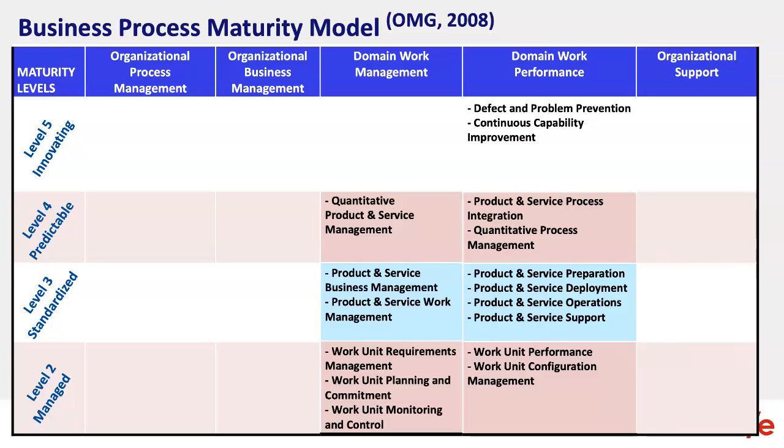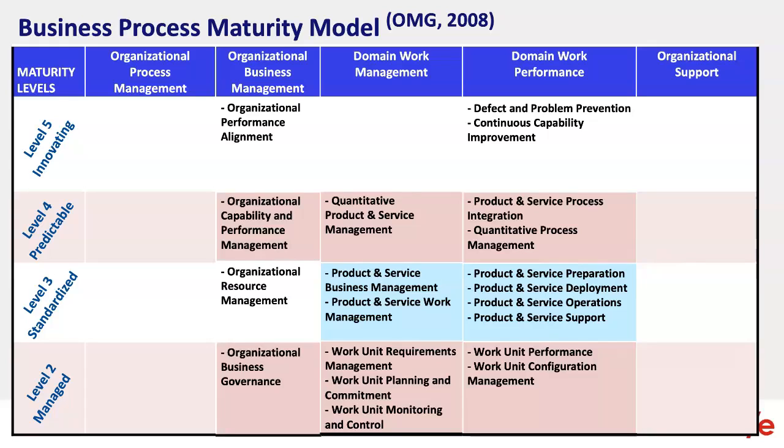The next one would be domain work management. These process areas combine the practices related to the management of the core processes. In this case, for instance, management of the planning of the production of bikes, if you follow the same example. Organizational business process management relates, or the process areas in this particular thread relate, to the practices on strategy, governance, and resource management at the organization level.